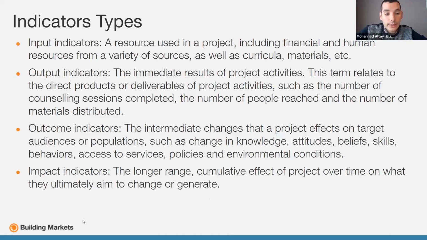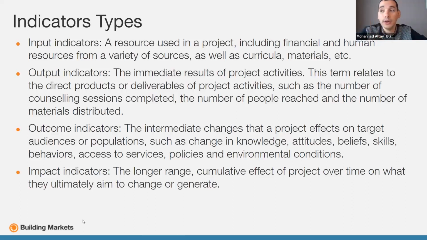Okay, so the next section is to understand the different types of indicators. We have four main types: input, output, outcome, and impact. Each of them is completely different from the other, and each indicates something different.